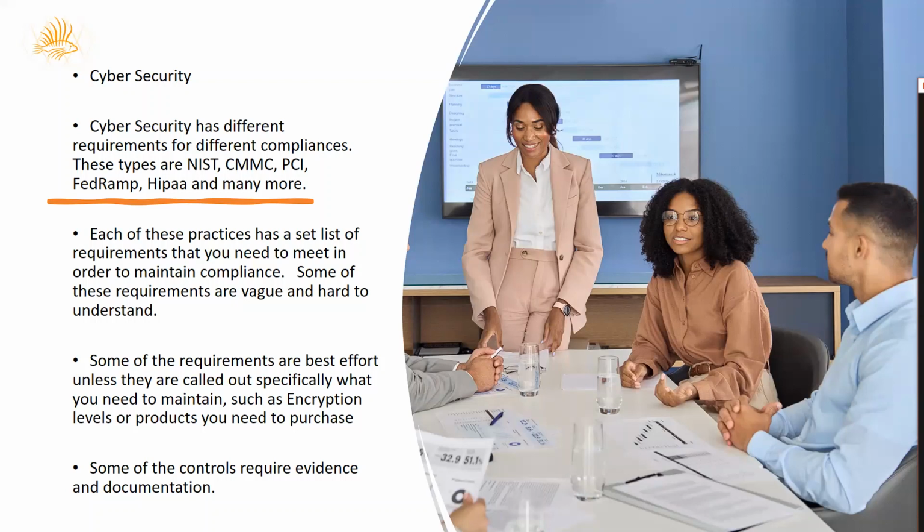And when you have a list of controls at that level, you're going to want to report to your executive staff or your board of directors how well you're doing on compliance, in the sense of how well you meet all those controls.